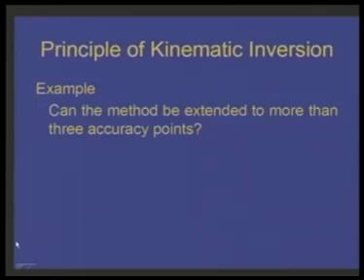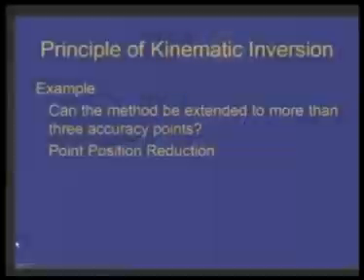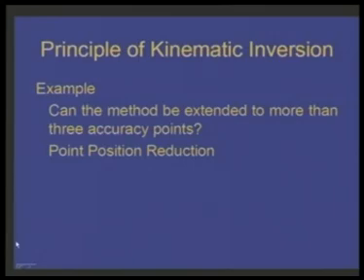In this course, we will discuss some limited version of this using a method of point position reduction that we will take up much later. The method can also be extended to 5 position synthesis, but then A cannot be chosen arbitrarily. For 3 positions, A was chosen anywhere on the coupler plane, so is B. For 4 position synthesis, A has to be chosen on a particular curve.